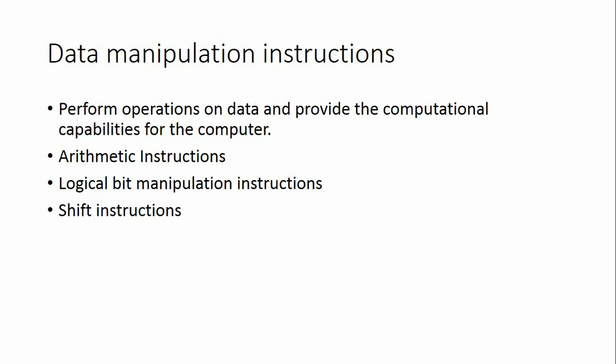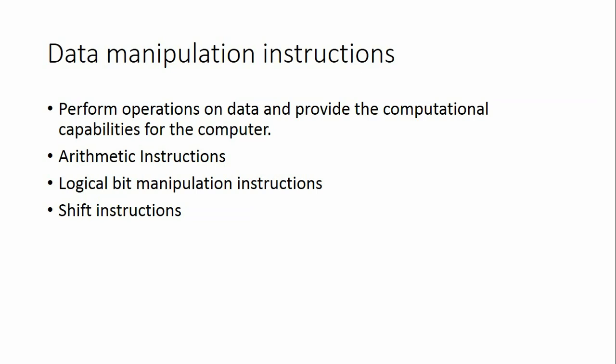There are basically three types of instructions used in data manipulation: arithmetic instructions, logical and bit manipulation instructions, and shift instructions. These three types are the basic instructions that are used in computers usually to manipulate the data.